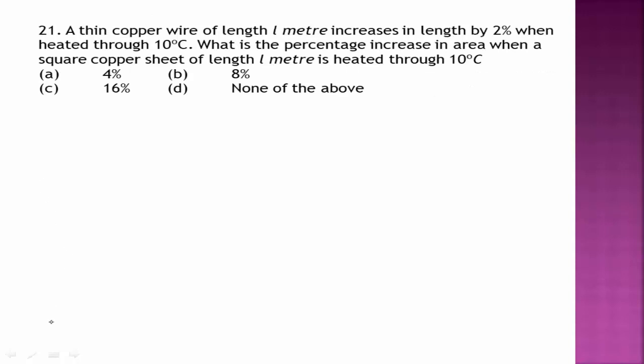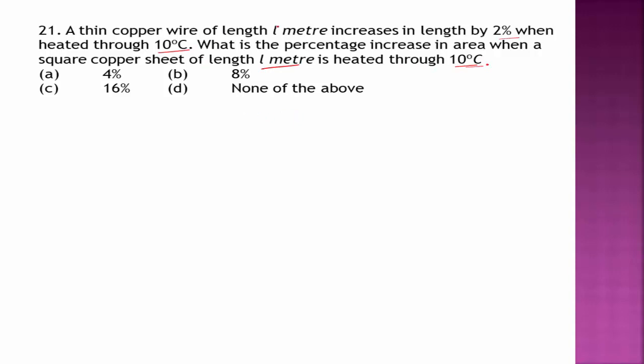Okay dear students, the next question is question number 21. This is a numerical problem. A thin copper wire of length L meter increases in length by 2% when heated through 10 degrees Celsius. What is the percentage increase in area when a square copper sheet of length L meter is heated through 10 degree Celsius?